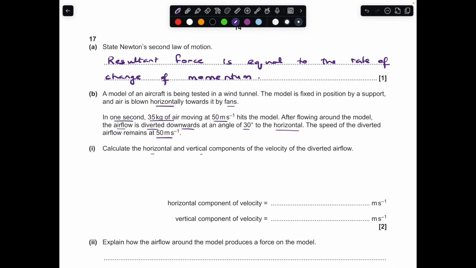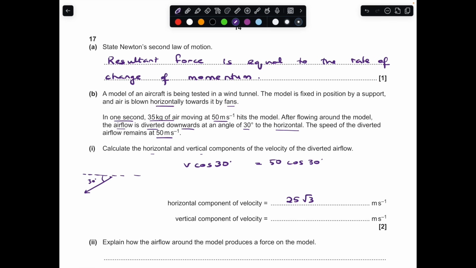So if this is the horizontal and it's diverted at 30 degrees below the horizontal, then it's going to have a horizontal component. The velocity will be v cos 30, or simply 50 cos 30, and that would be equal to 25 root 3 meters per second.